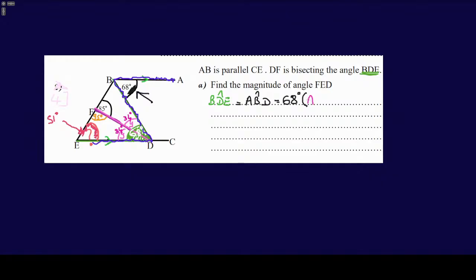So AB parallel CE, comma, therefore alternate angles are equal.